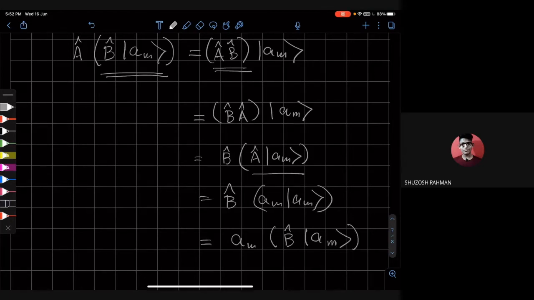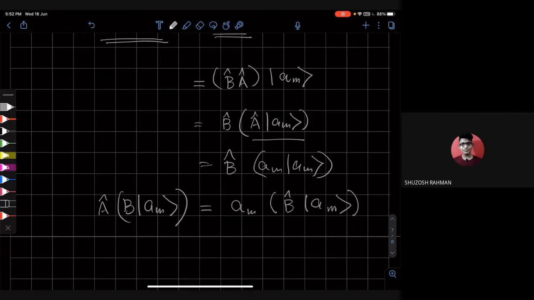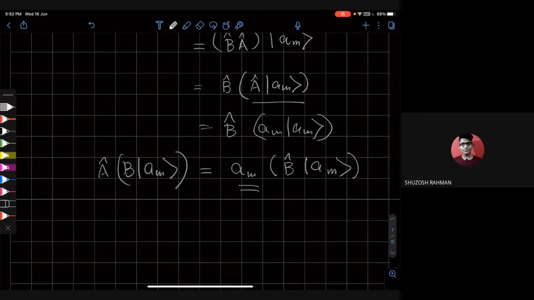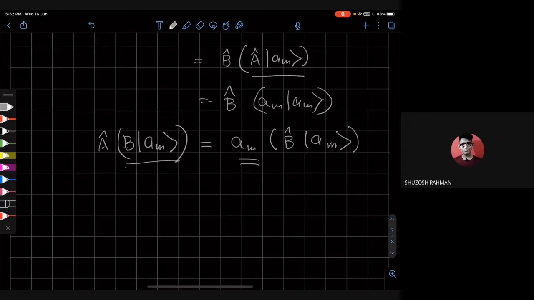So what we have proved is that B acting on AM gives me a vector which is still the eigenvector of A with the same eigenvalue. So that means that this vector must be proportional to the vector AM. This means that B acting on AM must be proportional to AM. Otherwise, A acting on this would not give me A times the same vector, right?